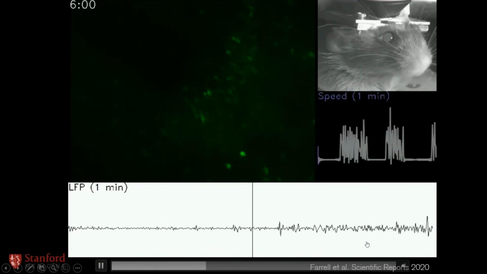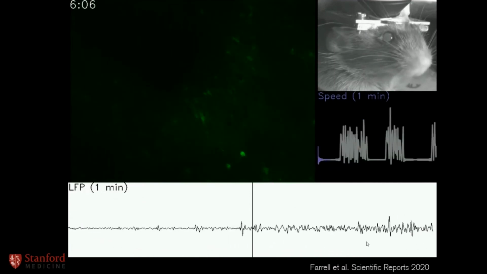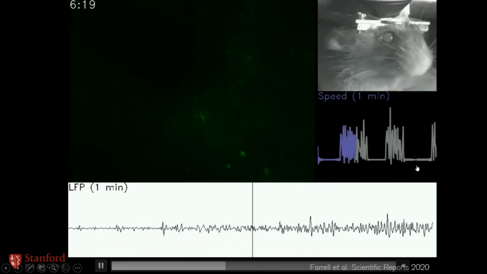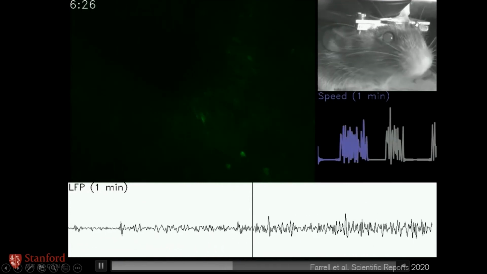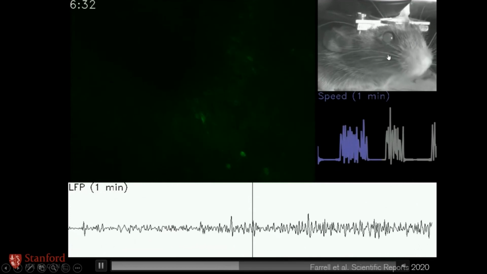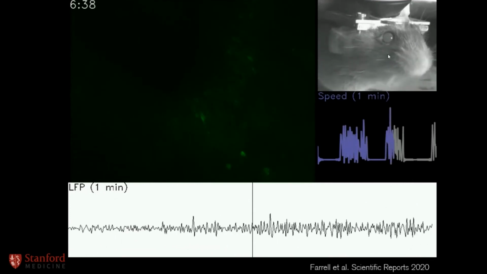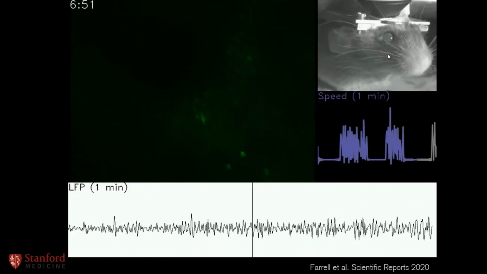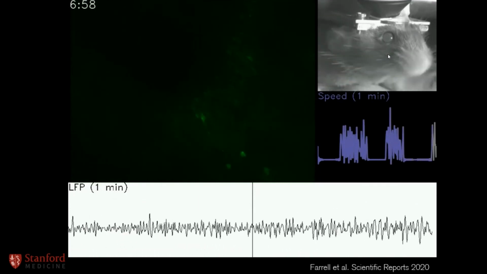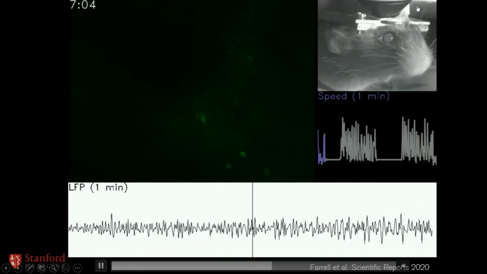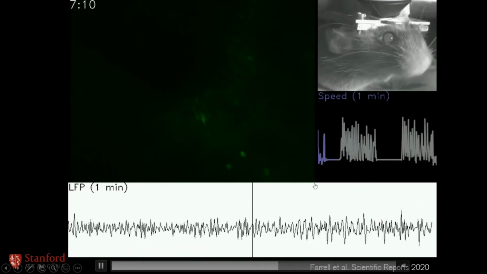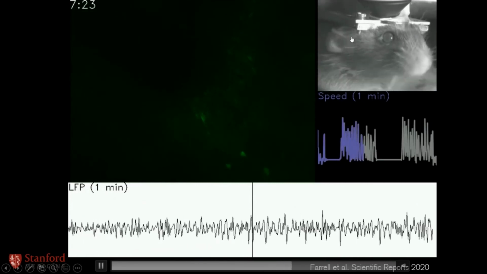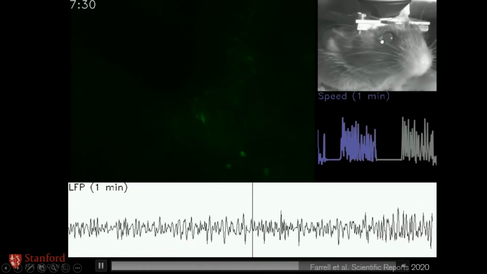I know you might be saying, God, that's a lot of stuff. But imagine imaging individual cells, animal motion, and local field potentials while delivering ultrasound. That's going to be a good paper no matter what you do. So I would highly encourage people to think of ways to integrate all these systems together in experiments as elegant as this. I haven't really talked a lot about how you get ultrasound in, so I'll just point to it here.